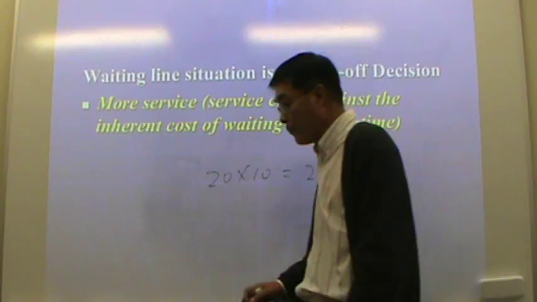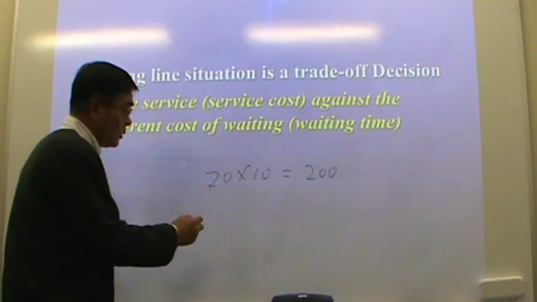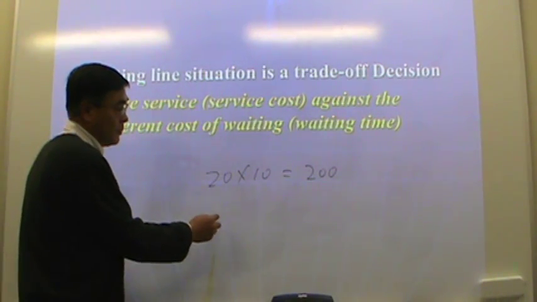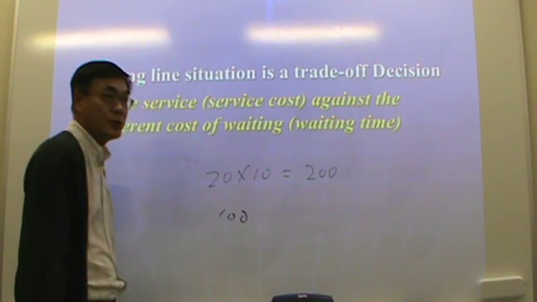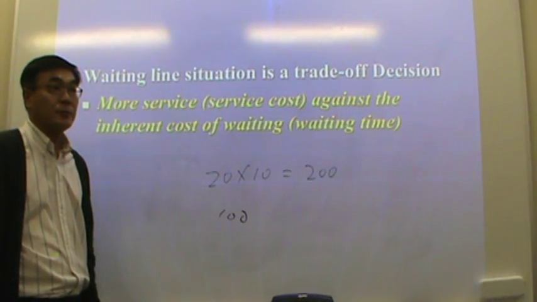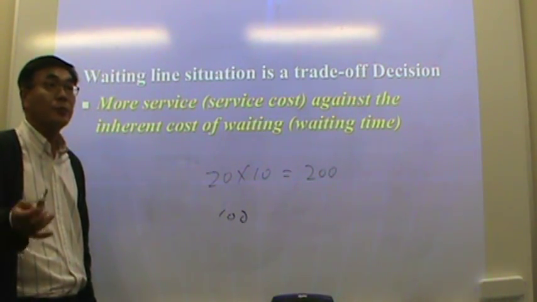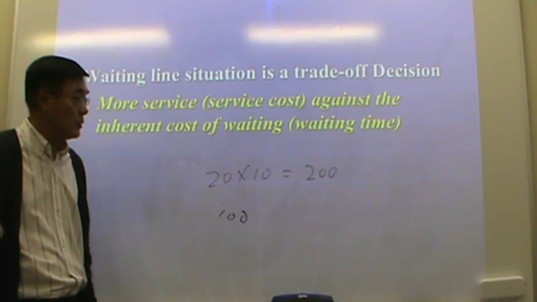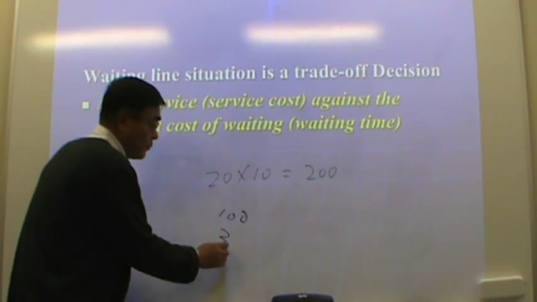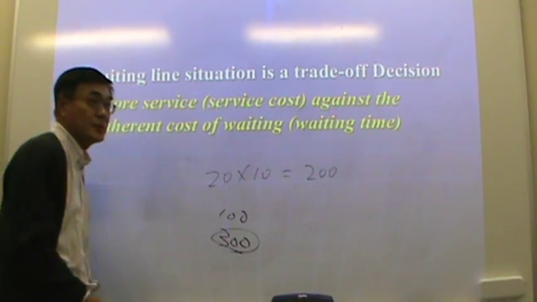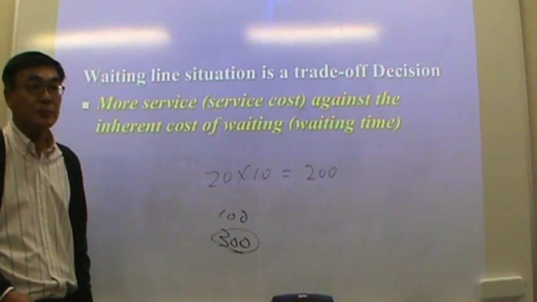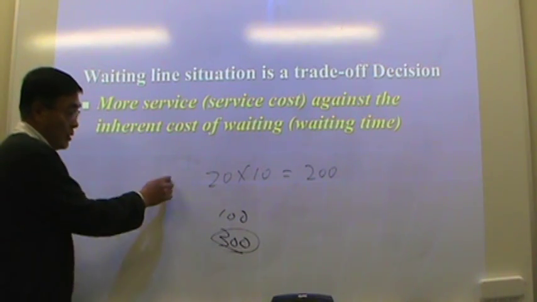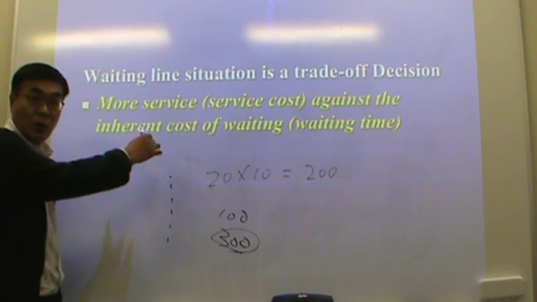But only 100 customers come. We have too much capacity, right? That is cost. But if the customer size is 300, what's the problem? Waiting. The waiting line is longer, right?